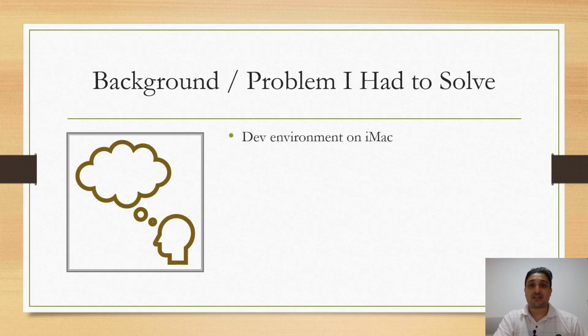So just to get started, I was primarily a Mac developer. I had an iMac and I would do coding with an extra monitor. And then I thought I would need a mobile development environment.